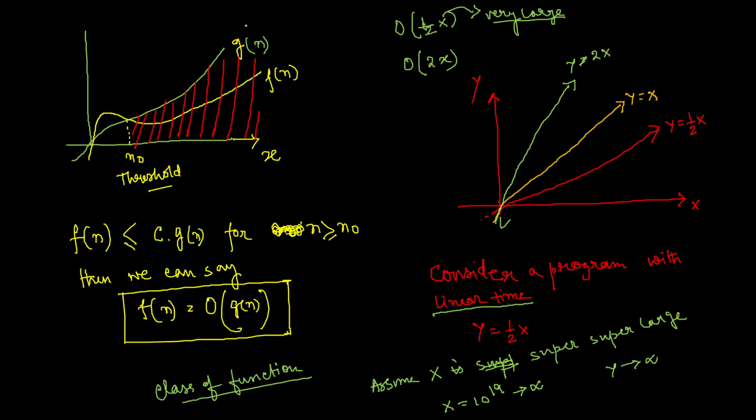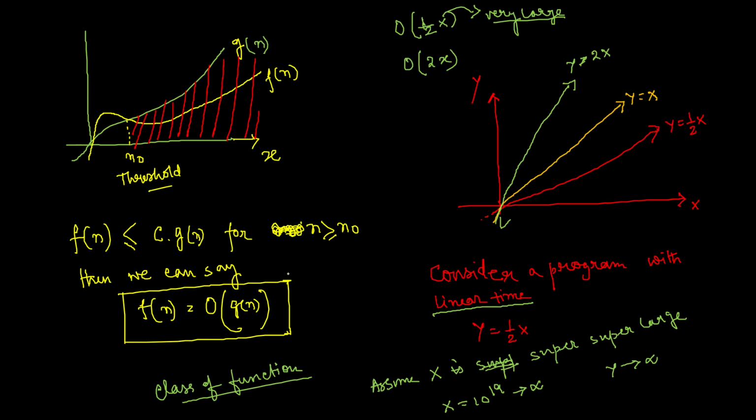So we are saying that my program is restricted within this class of function if it crosses threshold n0. In that situation, I can say the function is equal to big O of Gn. The reason is that this function is never crossing the curve of this Gn.